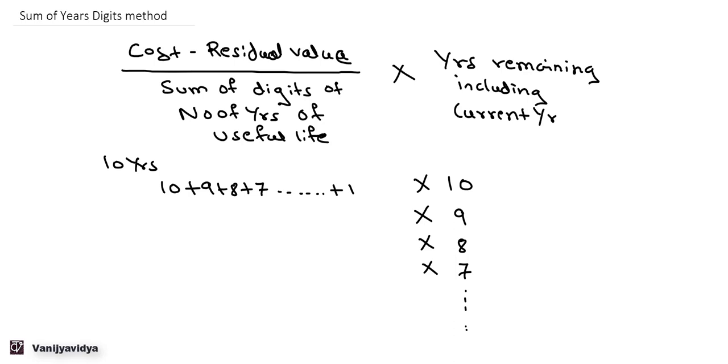That is what we assume in the sum of years digits method also. So this is similar to your reducing balance method. This is one more variation to that method, and let's see one example on this sum of years digits method.